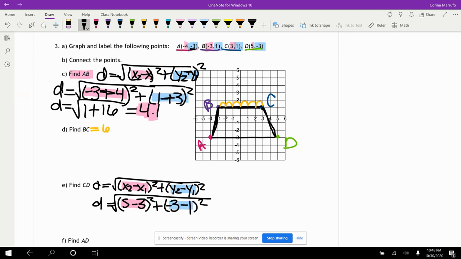Now I don't have to write a double negative because 1 isn't negative, it's a positive. So that's why it's just -1. So I go ahead and start solving. 5 minus 3 is 2, and 2 squared gives us 4, plus -3 minus 1 gives us -4, and -4 squared is 16. So this ends up being the square root of 20, which we already got. We said was 4.5.